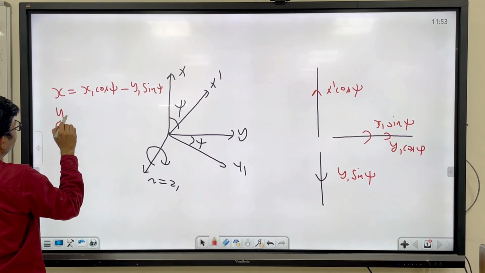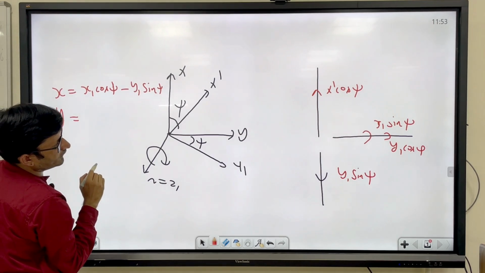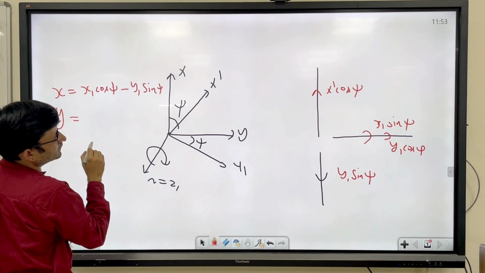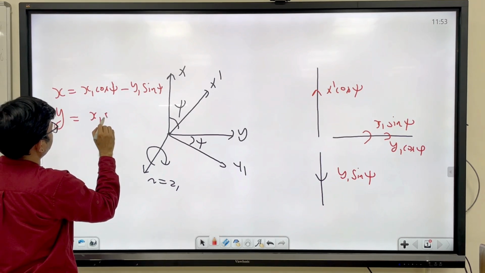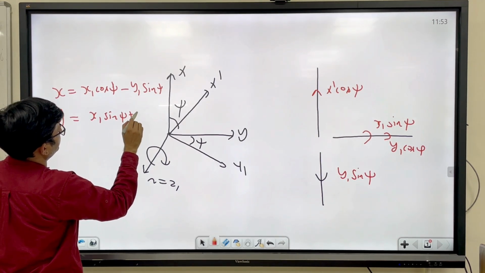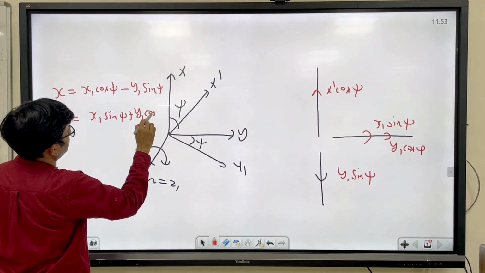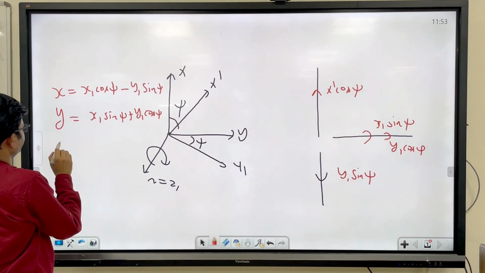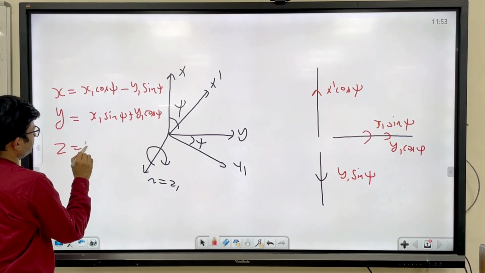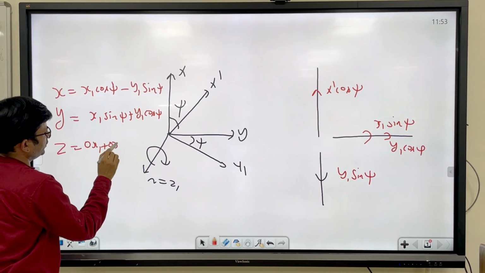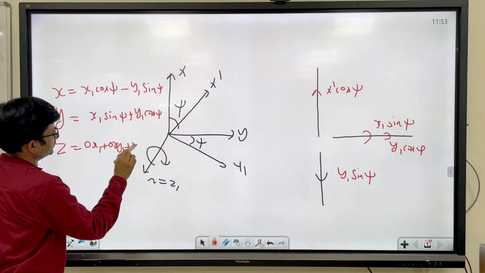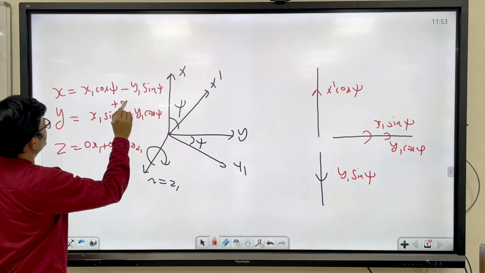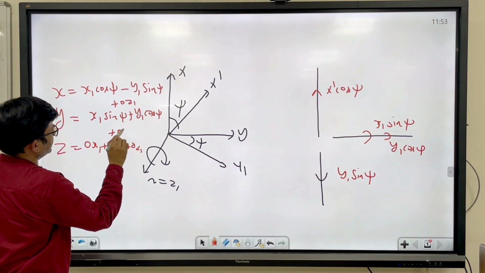And what about y? How can I write y? x1 sin psi plus y1 cos psi. Okay, so now I can add 0 x1, 0 y1 and 0 z1, and here I can write 0 z1.